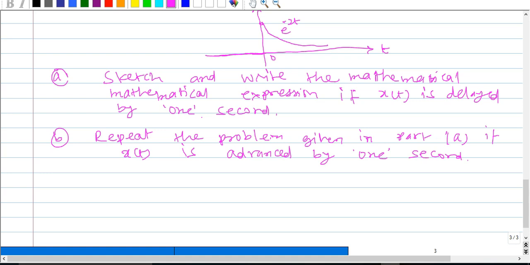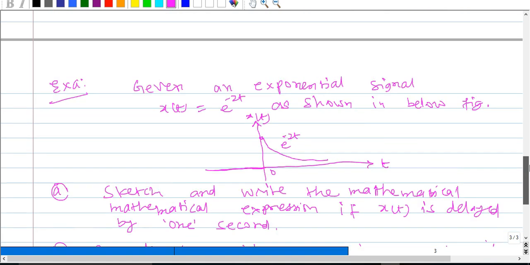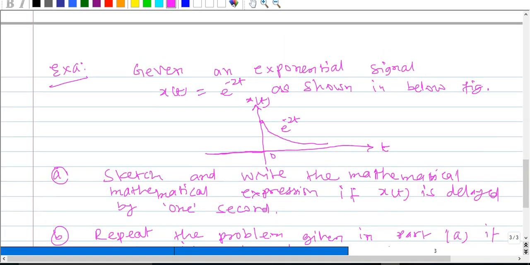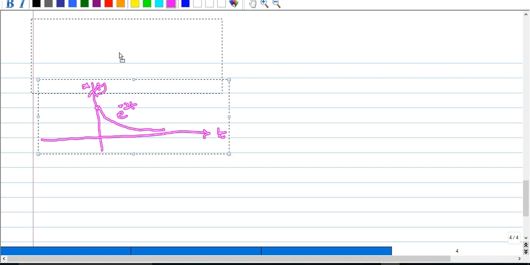Okay, so you have to plot, sketch and write the mathematical expression of this delayed and advanced version of x of t. Now let me copy this signal to the next page.